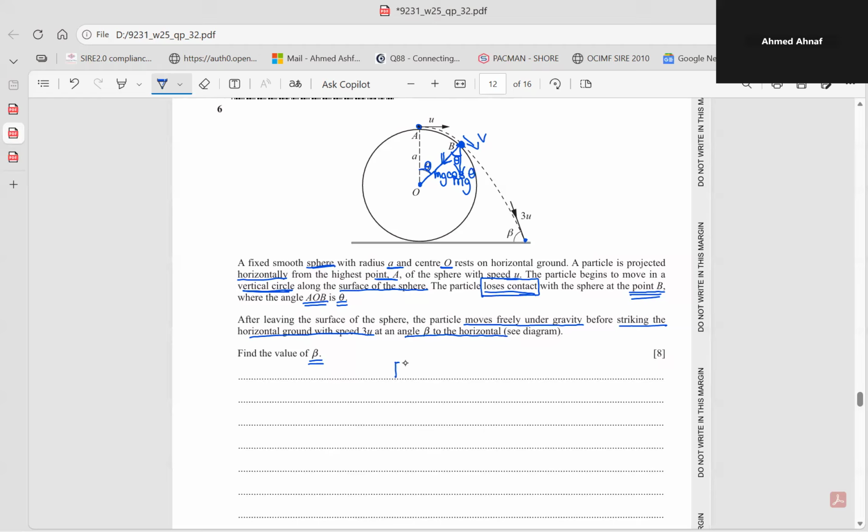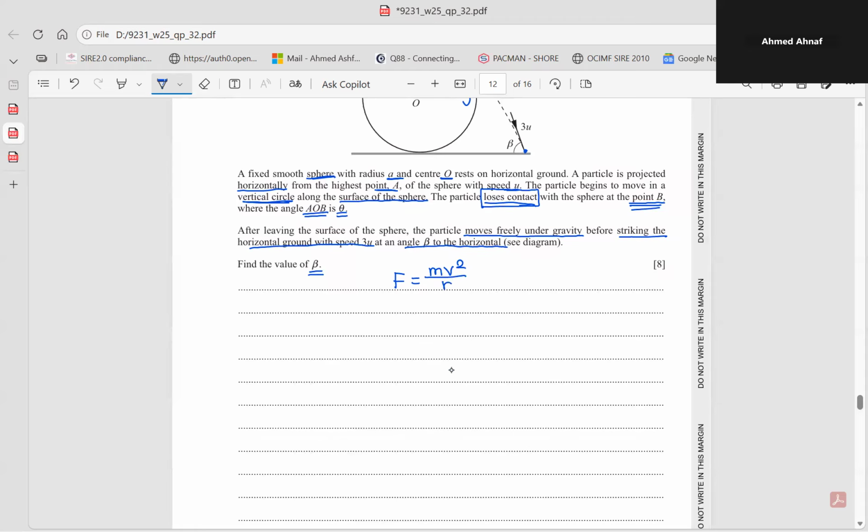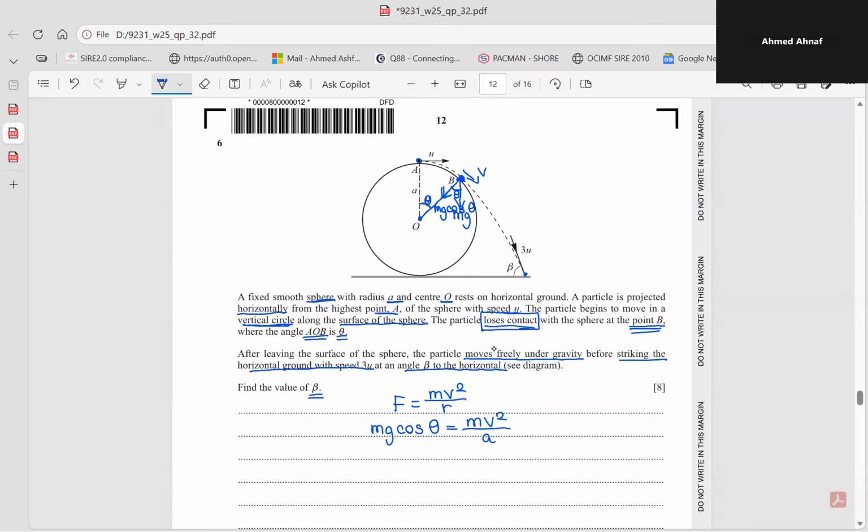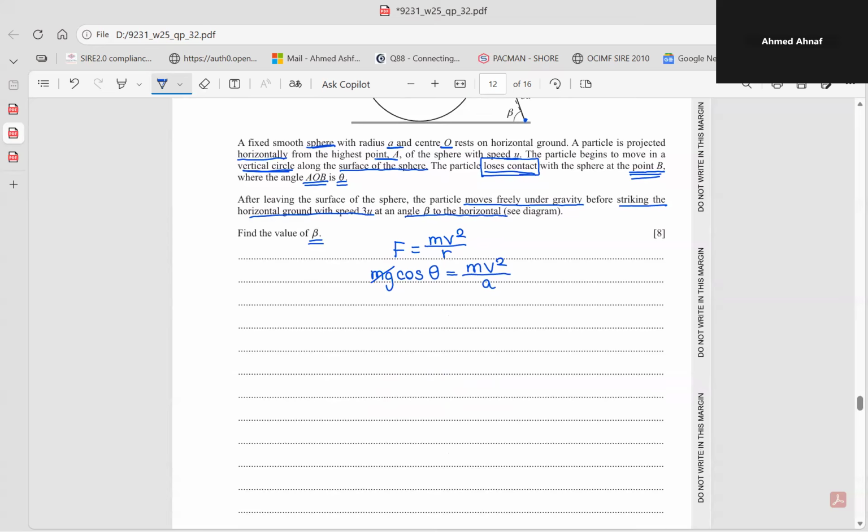So we're just going to use F, where F is the centripetal force, mass times v squared over r. So F is mg cosine theta equals mv squared over a. r is just equal to a, and then m gets cancelled out, and therefore we have v squared equals ga cosine theta.